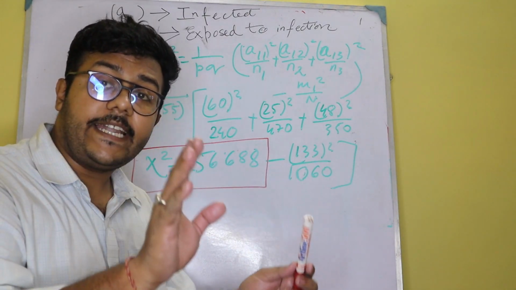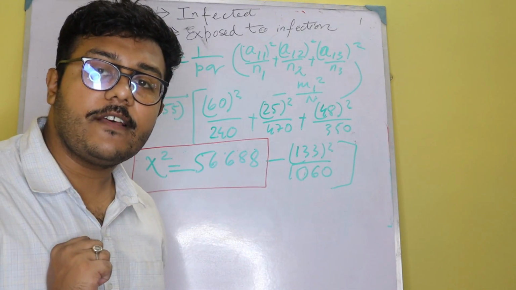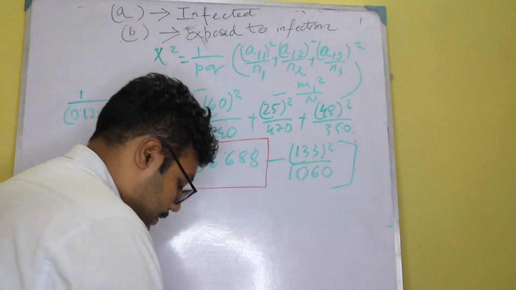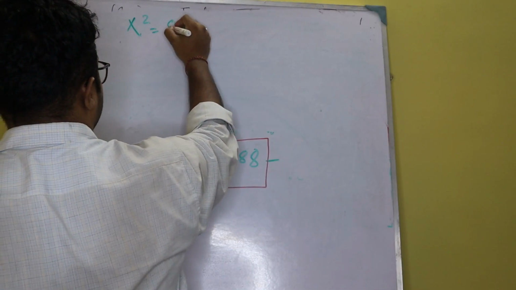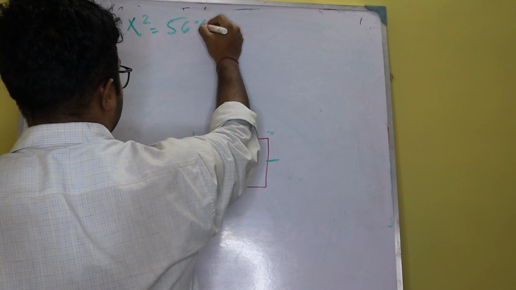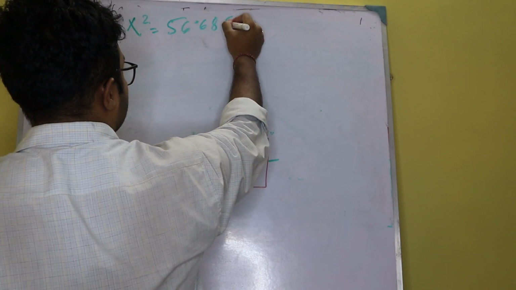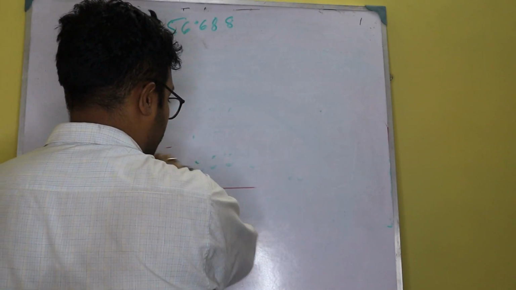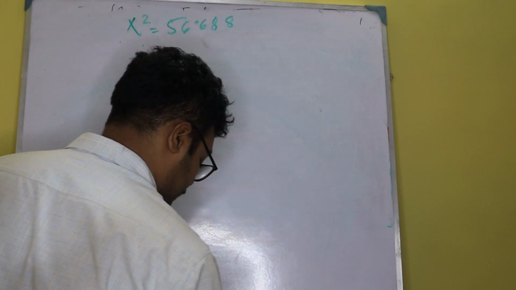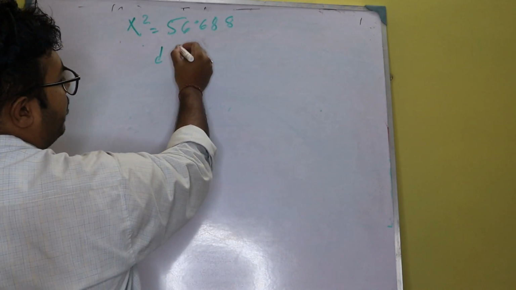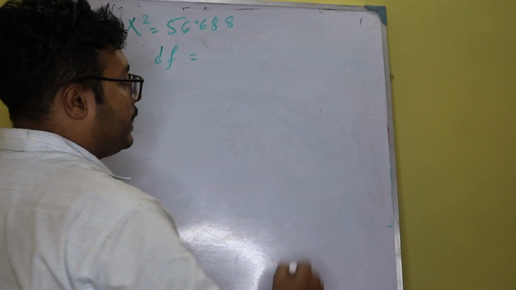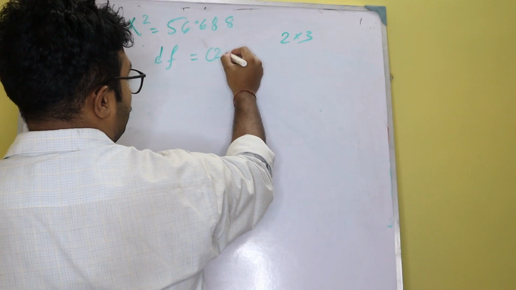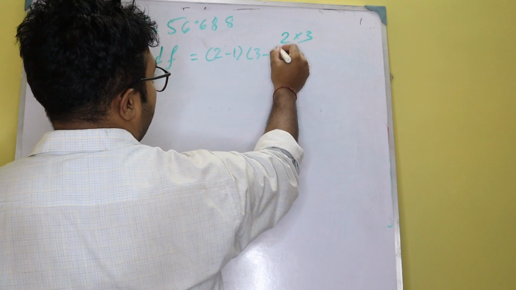We have to also find the critical value for 5% level of significance. And what will be the degrees of freedom? We will calculate it. Now the degrees of freedom for the table, which was 2 cross 3, is 2 minus 1 into 3 minus 1.